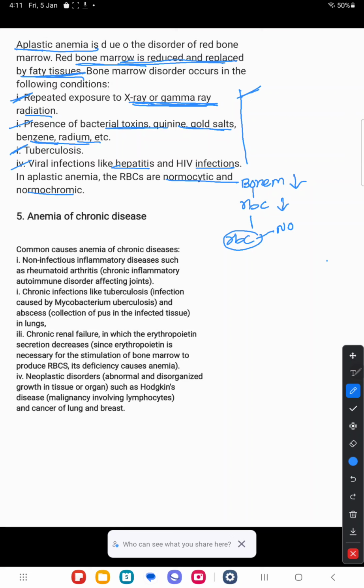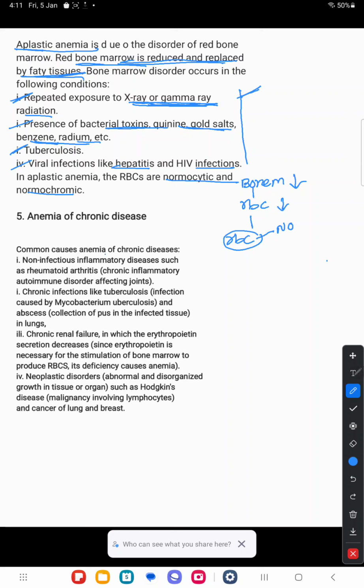Okay. Next, the fifth type we are going to discuss is anemia of chronic disease. It is the second most common type of anemia seen in India. In this case, the disease of other organs or any other systems causes the anemia. It is secondary to these diseases.